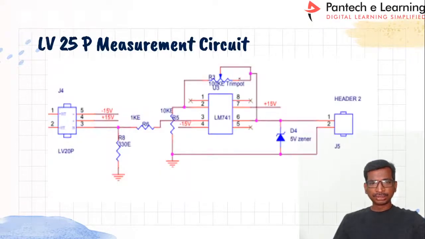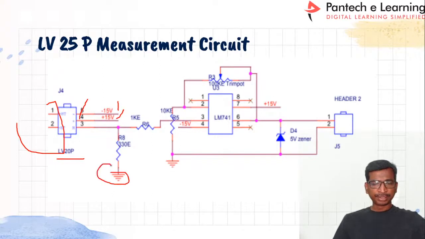And this is another circuit. You just take this node, so straight away you can use this in your circuit. This is the LV25P, and these 2 pins are the primary input, and the 3 pins are the secondary part, minus 15, plus 15, and you have to connect a 330 ohm resistance between the third pin and the ground pin, right?